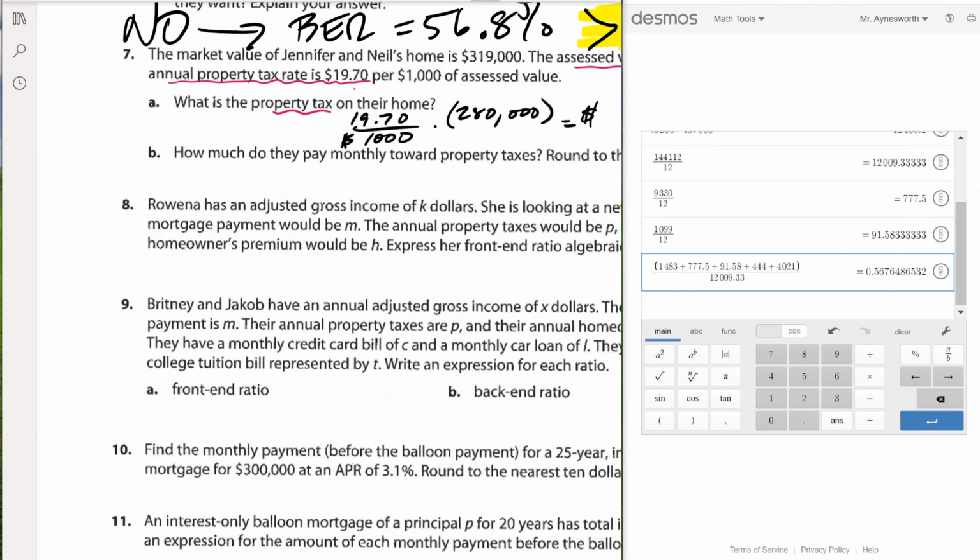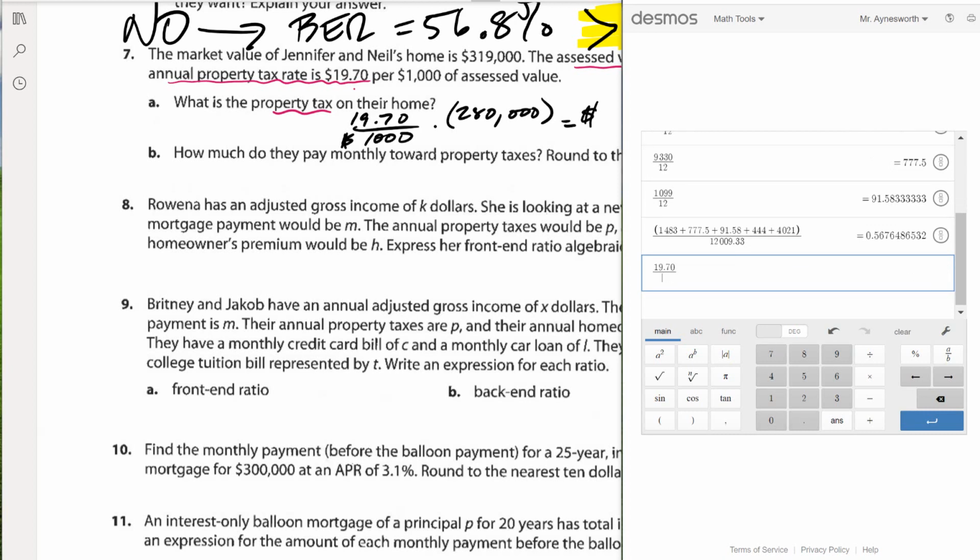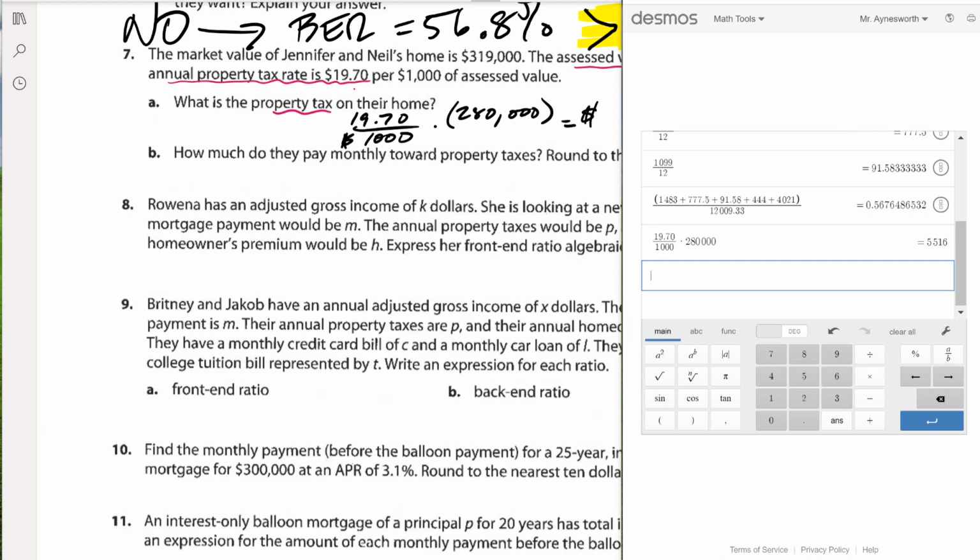All right. So here we go. Let's take $19.70. We're going to divide it by 1,000, and then we're going to multiply it by 280,000. Okay, and that means that we're going to be paying $5,516.